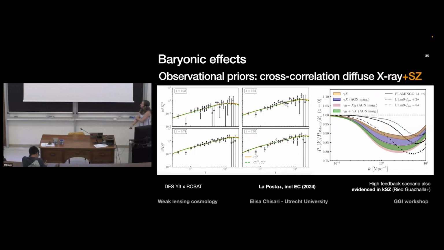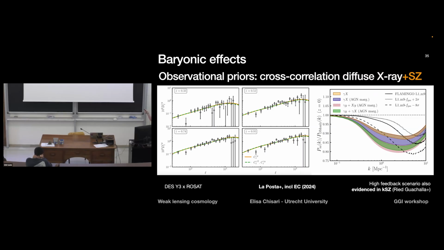You can add tSZ as well. That's a super high signal to noise as well, the cross-correlation between DES and Planck, and then also the X-rays are folded in here. So this is just shear-X, and then you can do all the different combinations as well. And then when you look at the green curve, again, pretty strong suppression of the power spectrum compared to some of the hydrosims.